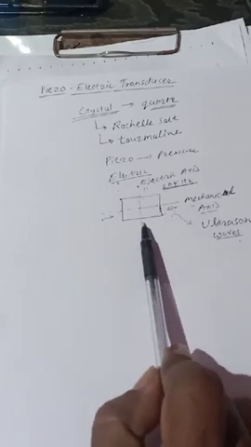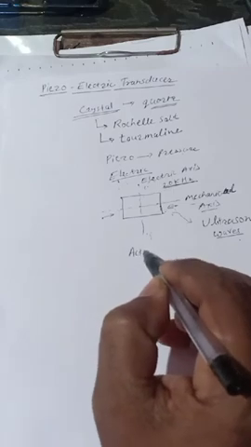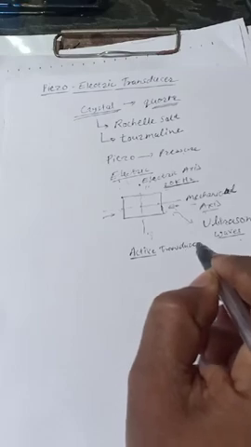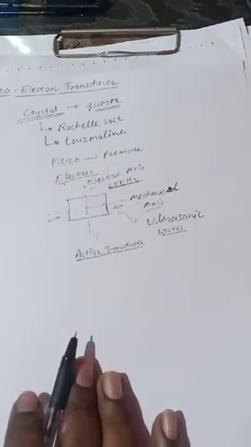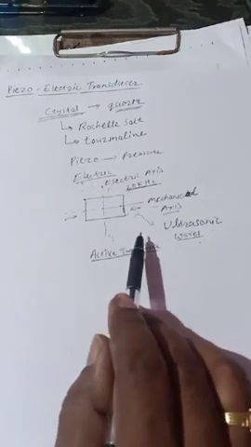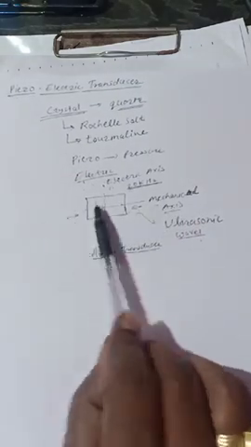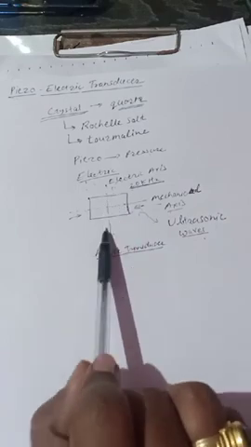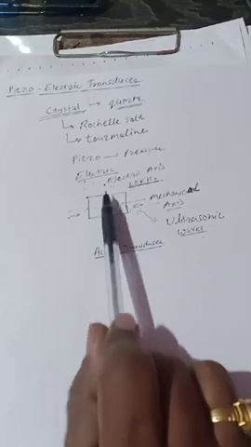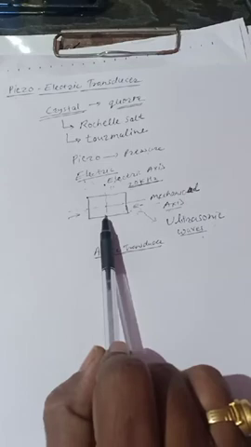That's why such transducers are active transducers. An active transducer is used to measure pressure, because the pressure is converted into an electrical signal, the voltage across these two sides.